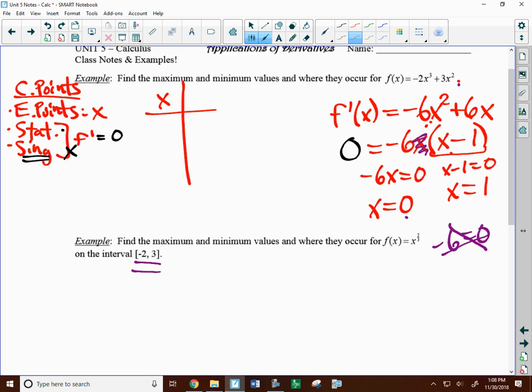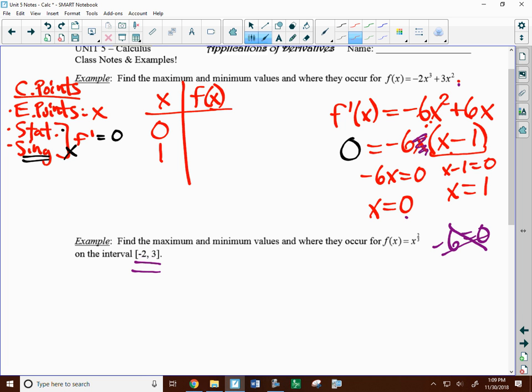Now, we need the overall max and min values, and so we need the y coordinates. So what I like to do is make a little table. Basically, you just need to plug them in now. You don't have to make a table. It's just my way of organizing it. I'm just going to choose our critical points of 0 and 1. And I plug them in to get the f of x, the y values. I want the y value of the function, that's the max.